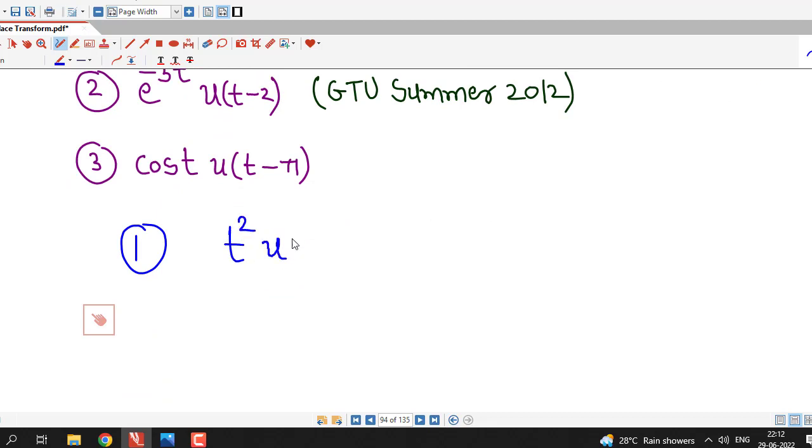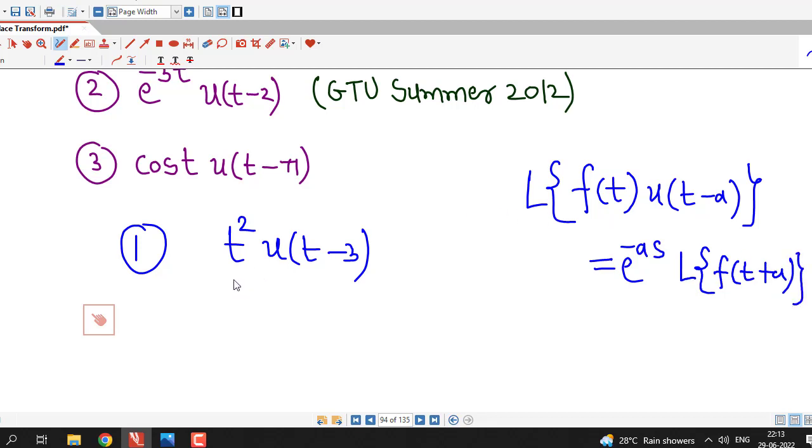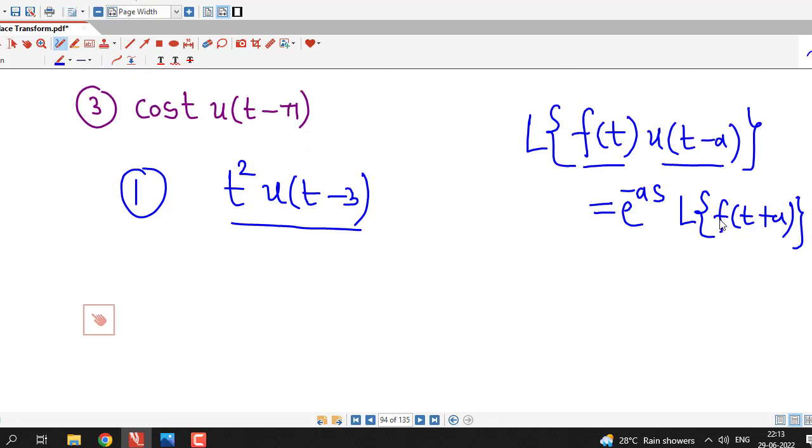We keep in mind this formula: Laplace transform of f of t u of t minus a is equal to e raised to minus as times the Laplace transform of f of t plus a. If we compare this function with f of t times u of t minus a, we can see that the value of a is 3 here, and f of t is equal to t square.